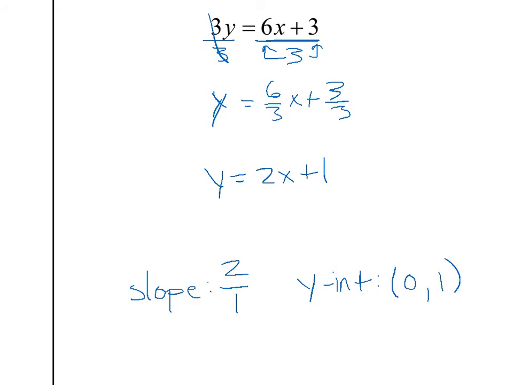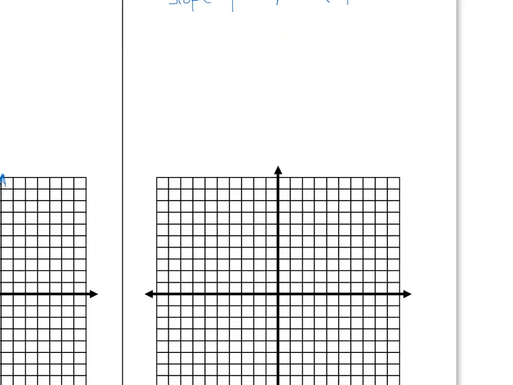So we come down to our point, (0, 1). We follow our slope, rise 2, run 1, rise 2, run 1. And then we graph our line, drawing the arrows straight through.